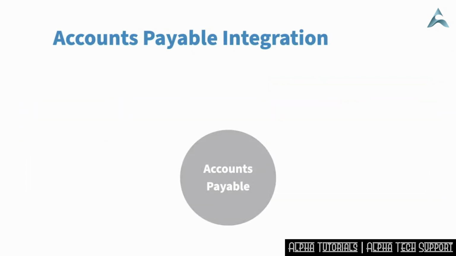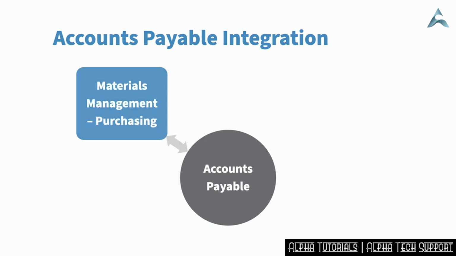Like most modules and submodules in SAP, Accounts Payable is tightly integrated with other areas. As outlined in the procure-to-pay process, purchasing in the Materials Management module handles purchase requisitions, requests for quotations, purchase orders, goods receipts, and inventory and warehouse management.